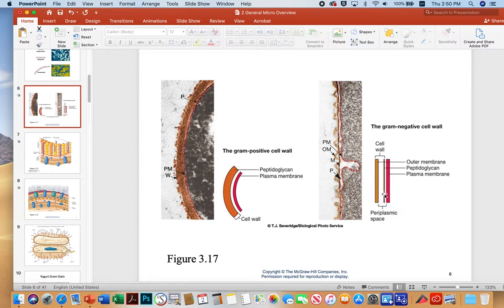And then they have a very thin peptidoglycan layer. So you can compare that to the peptidoglycan layer of the Gram-positives. And then, of course, the cell membrane or plasma membrane is pretty much the same between the two types of organisms. And, of course, we'll go over Gram staining in the lab portion of the class.